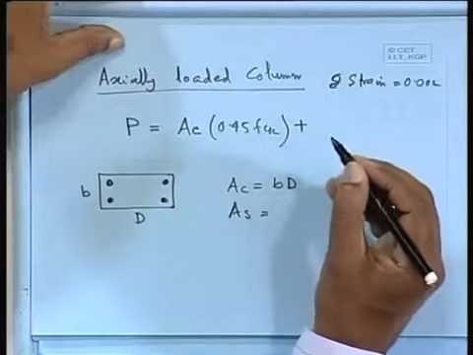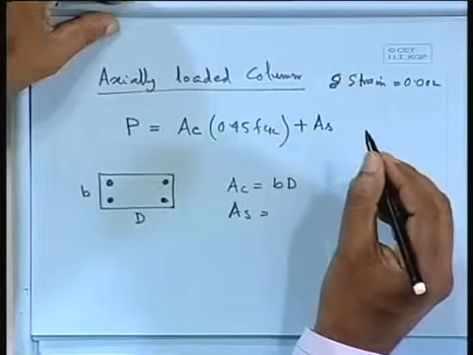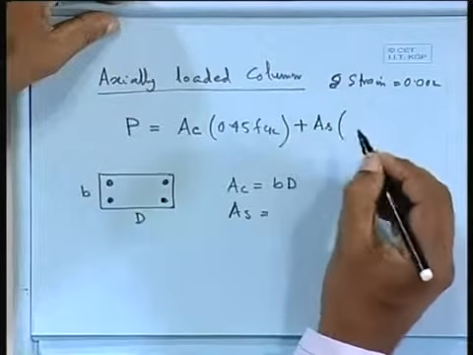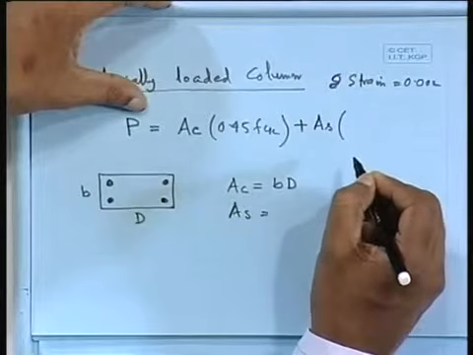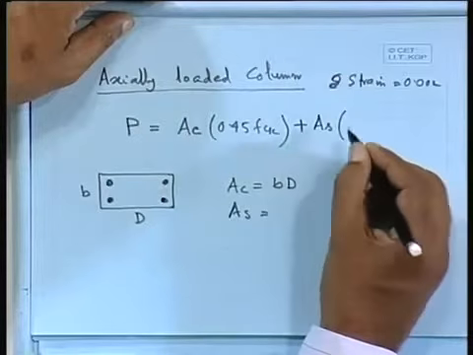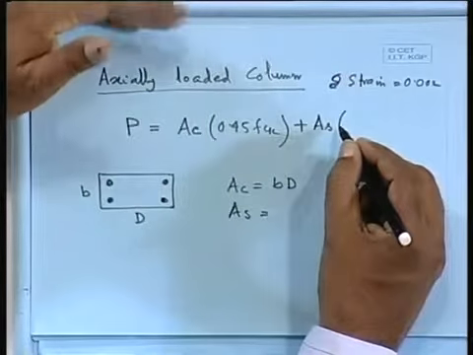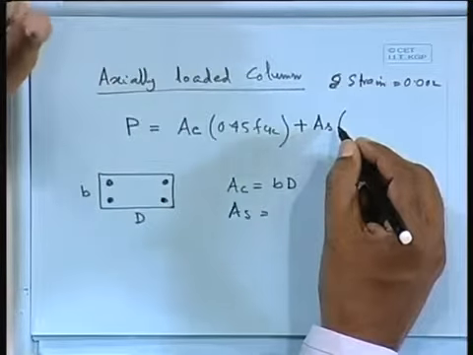Plus, what about the area of steel times the stress at 0.002 for Fe415? Here it may be different. For different grades of steel you will get different stresses at 0.002.